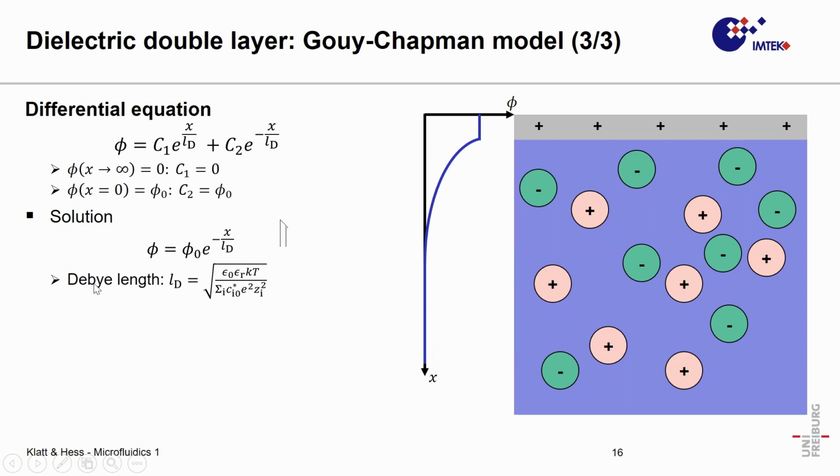And keep in mind, the Debye length is defined by the equation that we just derived a minute ago. If you look at this potential, you see that it's slowly decreasing the further away you move from the wall, and that it's decreasing with an exponential decay function.